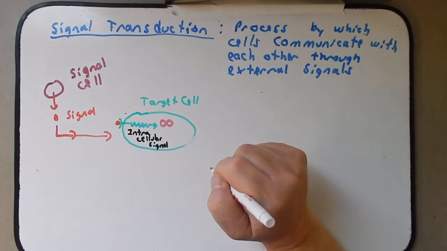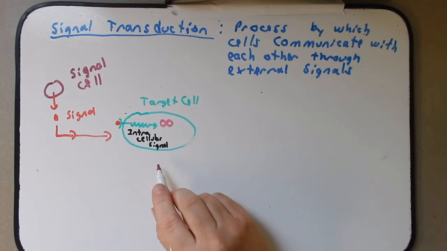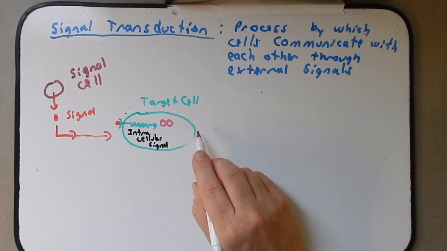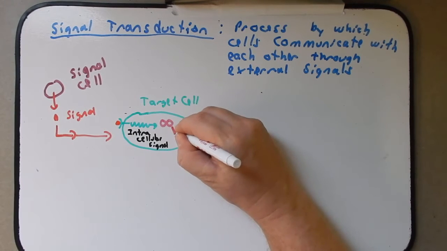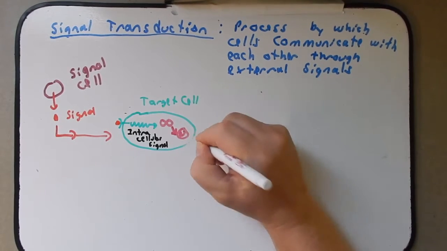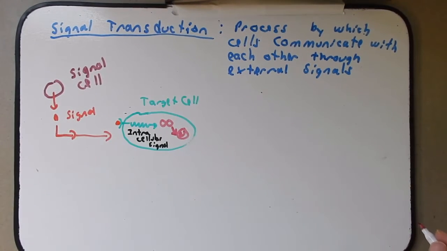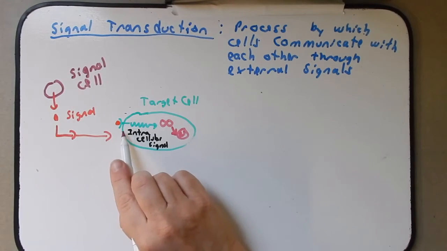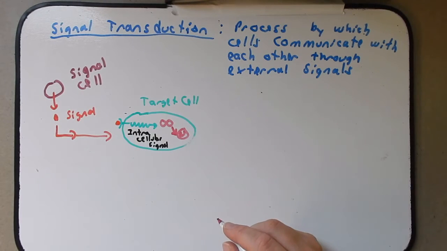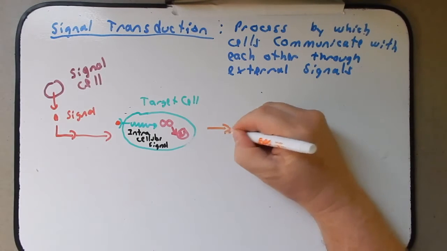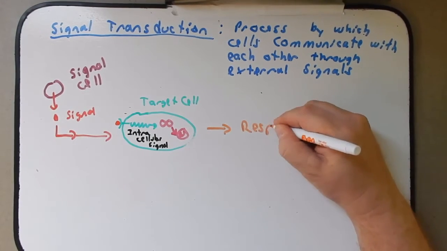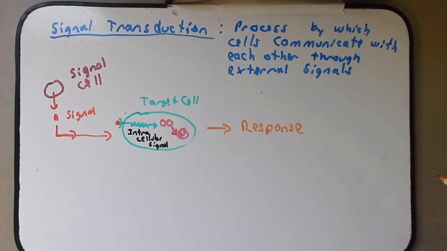This protein here that is modified because of this intracellular signal may go on and do something very specific, or it may go into the nucleus and turn on specific genes, depending on which kind of signal and which kind of receptor we're talking about here. But the end result is that through this signaling pathway, we get some kind of a response. Maybe it's a response for the cell to divide, maybe it's a response for the cell to move, or maybe it's a response to have the cell die.